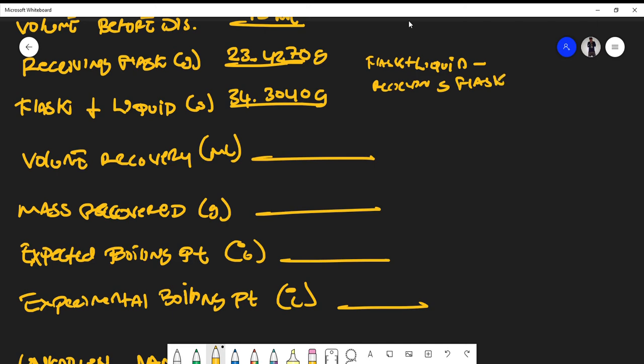So if you plug in 34.3040 grams minus 23.4270 grams, that is the mass recovered. And so this would be 10.8770 grams. We're going to talk about the volume recovered in a minute after we've gained the density.